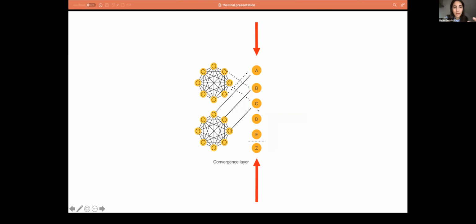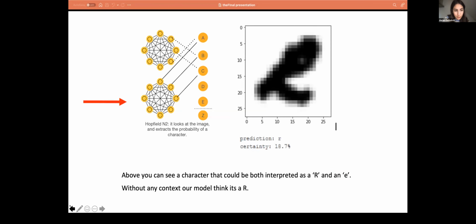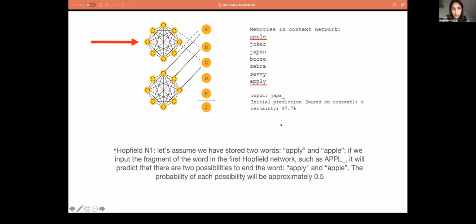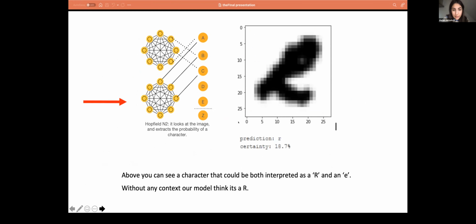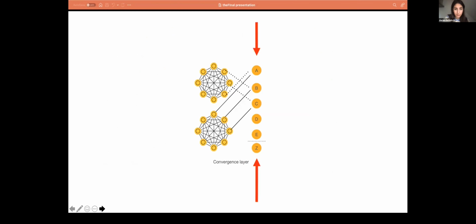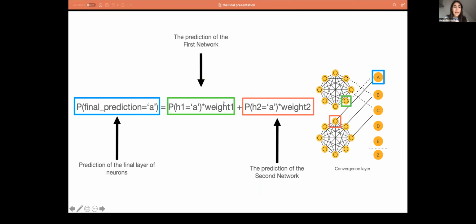Now, what happens in the final layer whereby the two independent outputs are combined? As we saw in the Apple example, just to revise quickly, the first network said that the next letter was going to be E, it would predict the word Apple, and then the second network recognized this letter as R. However, in the final set of neurons, the predictions by Hopfield network number 1 and Hopfield network number 2 are combined with their respective weights with which they project to this final set of neurons.